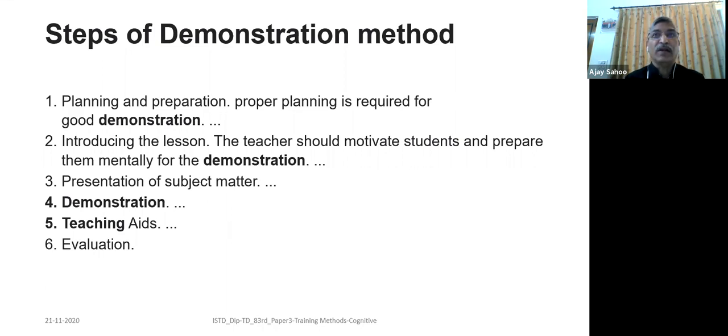And finally, the evaluation is the result out of the students when they actually do it. Once the teacher has demonstrated, the students need to follow, and their performance is evaluated by the teacher or the facilitator, right?